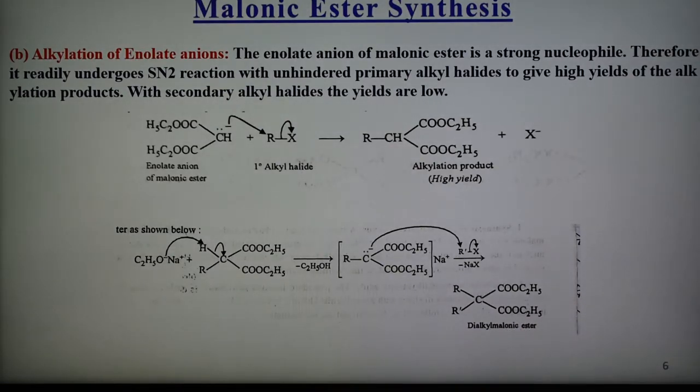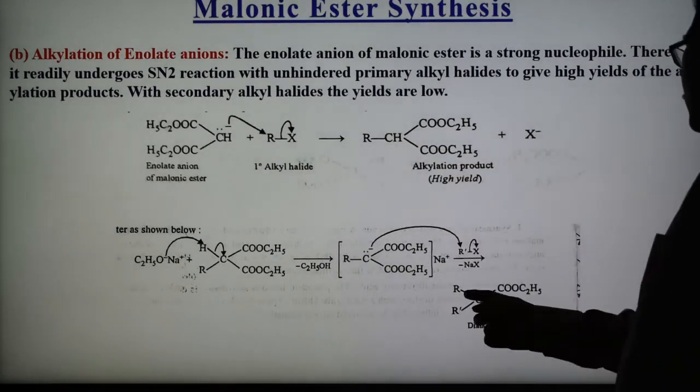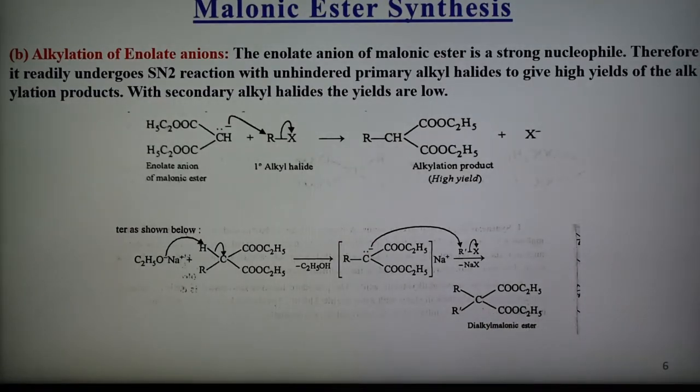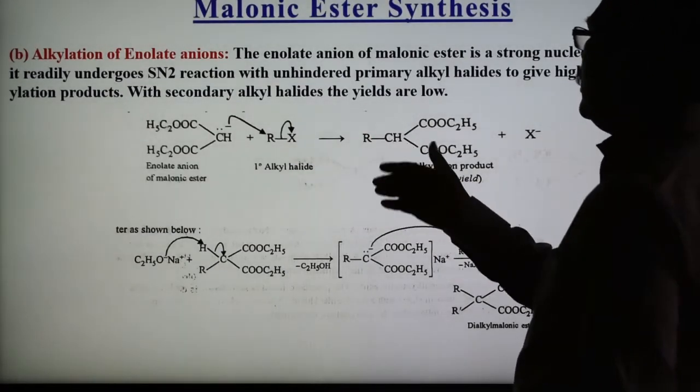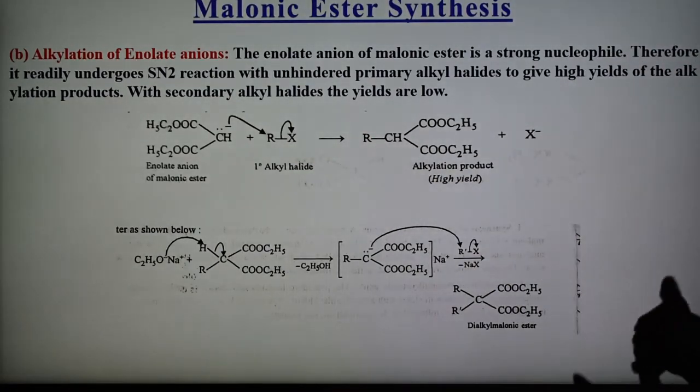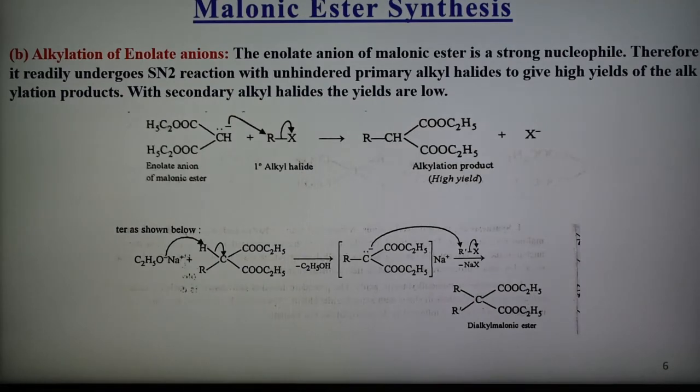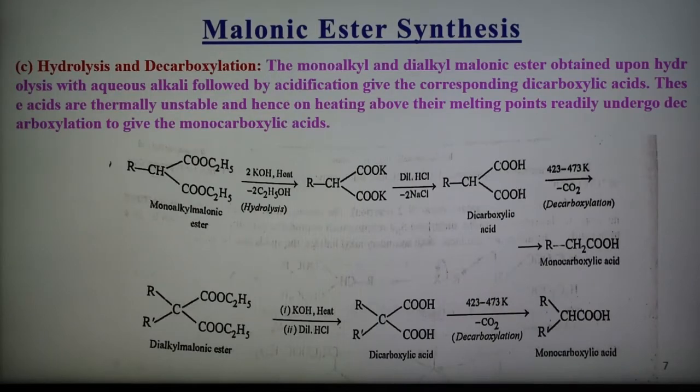This is the monoalkyl, and this is the dialkyl malonic ester. That means the methylene group is reactive, so from this reactive methylene group we can replace one or two hydrogens, and we get the monoalkyl or dialkyl malonic ester. This is the second step.